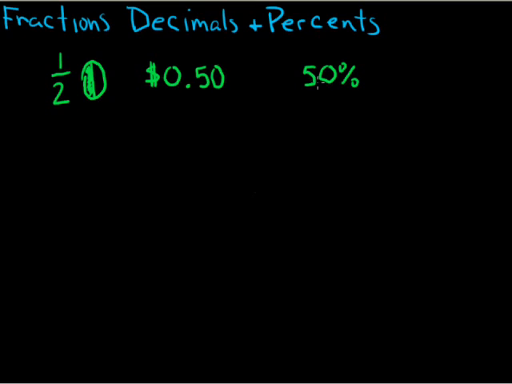Now 50%, notice that there is no decimal point shown there, but another way that you could write 50% is you could write it as 50.0%. Notice the decimal is to the left of the 5 as a decimal, but as a percent, the decimal is to the right of the 0 in the ones place. So to turn the decimal to a percent, the decimal actually just moved 2 places to the right.